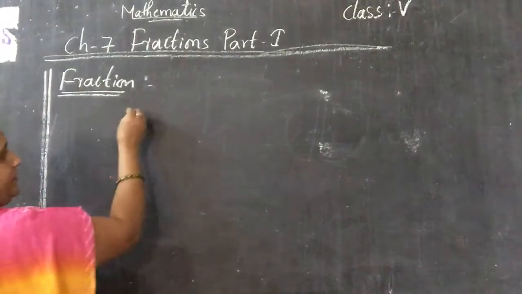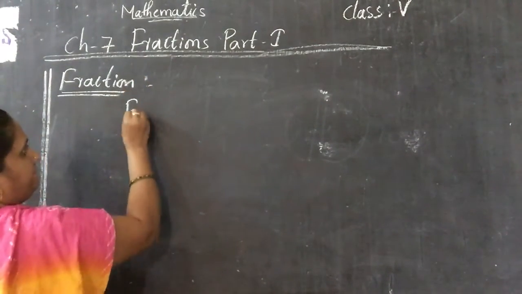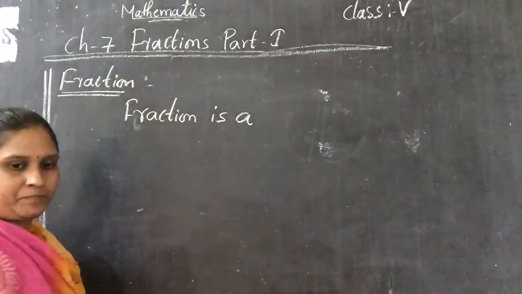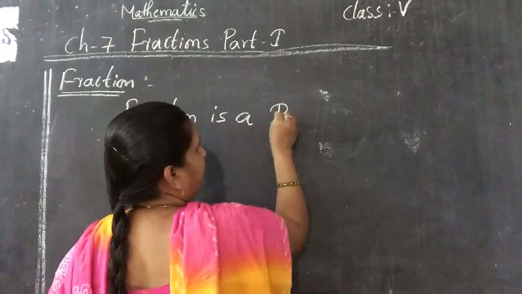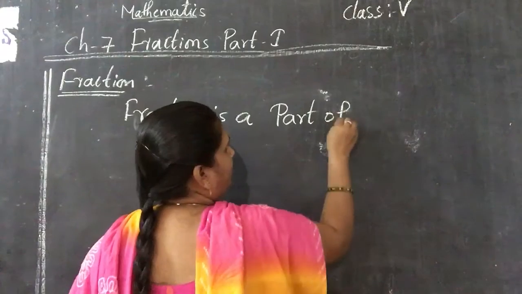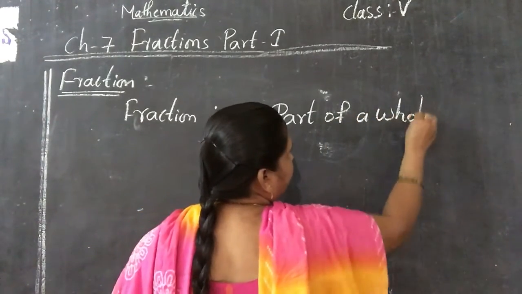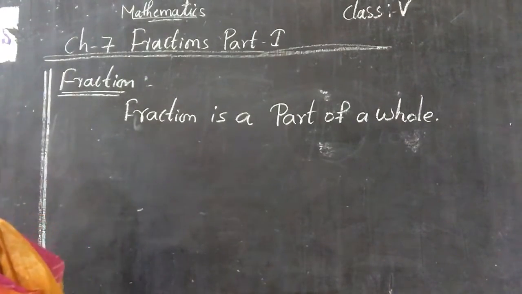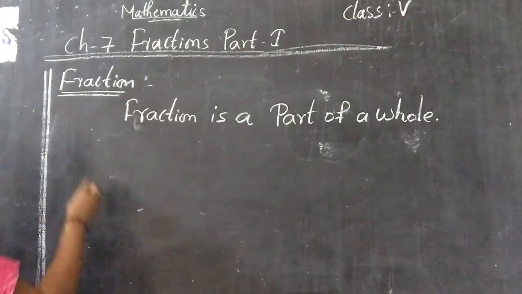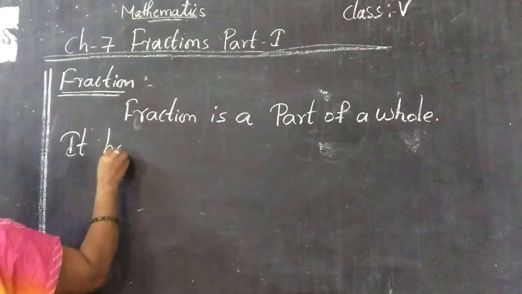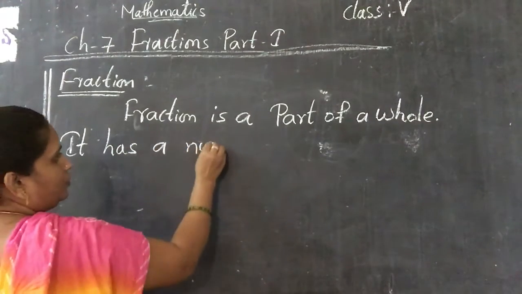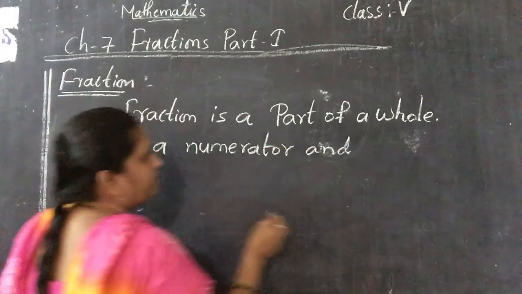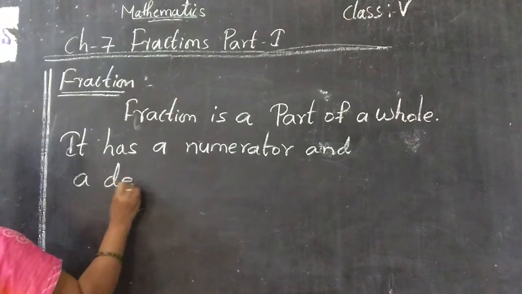Next, write down: a fraction is a part of a whole. Full stop. It has a numerator and a denominator.